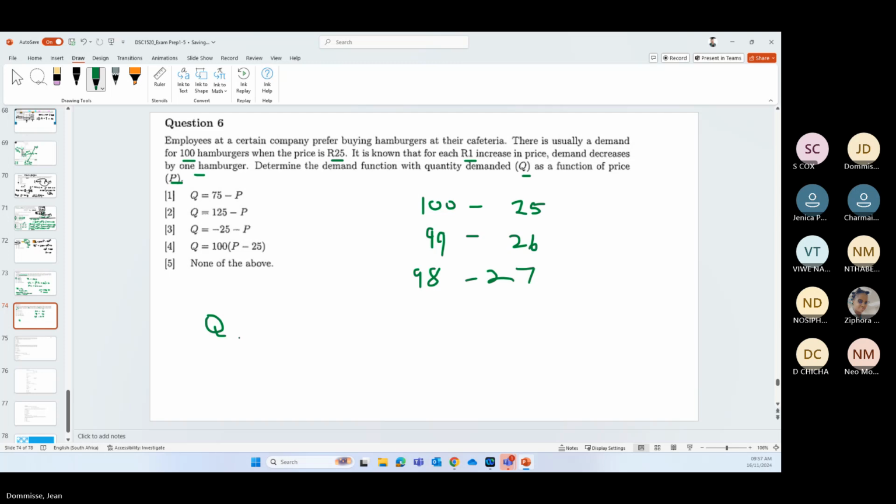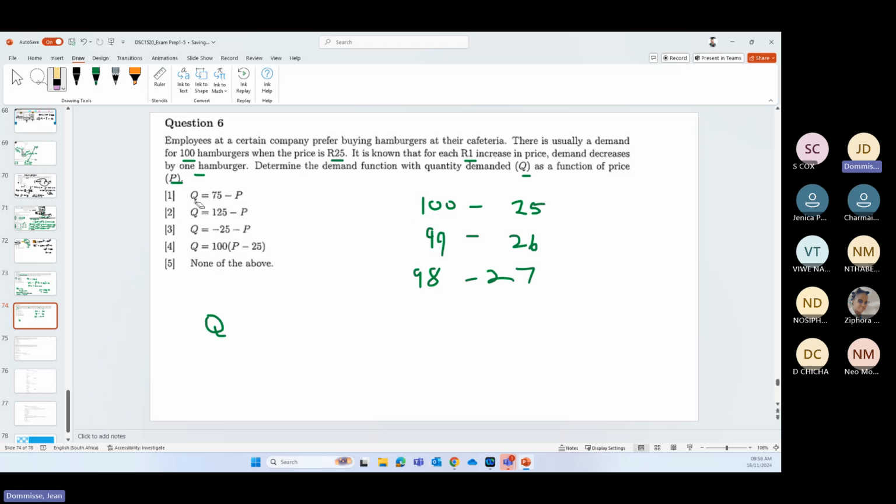Okay, so we do not need to write it in that function.